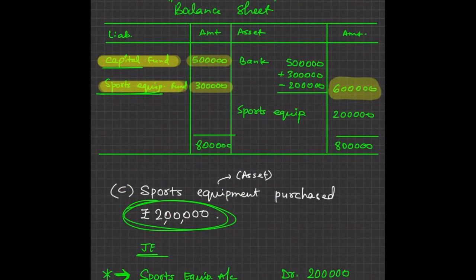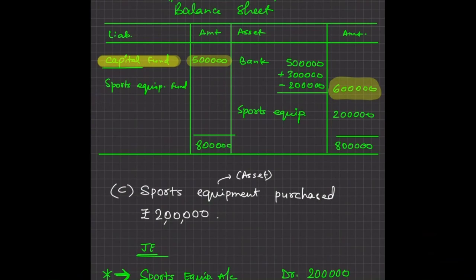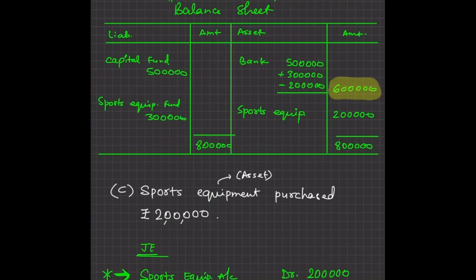So what I will do over here, just check it out. So you had earlier a balance of 3 lakhs in the sports equipment fund and 5 lakh in the capital. So I will write it down. 5 lakh is the capital and 3 lakh was your sports equipment fund. But now you have purchased the sports equipment assets of rupees 2 lakhs.